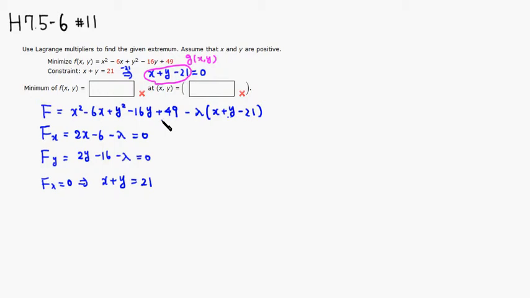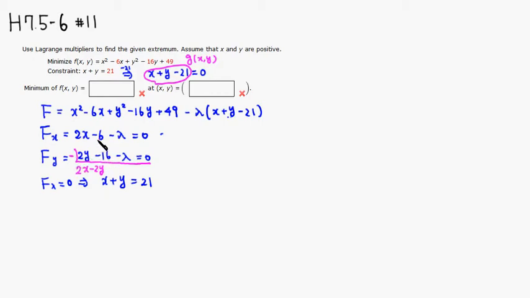What we can do is maybe solve for lambda. Actually, maybe I'll do a subtraction. Then what we get is 2x minus 2y, and a negative 6 minus negative 16.